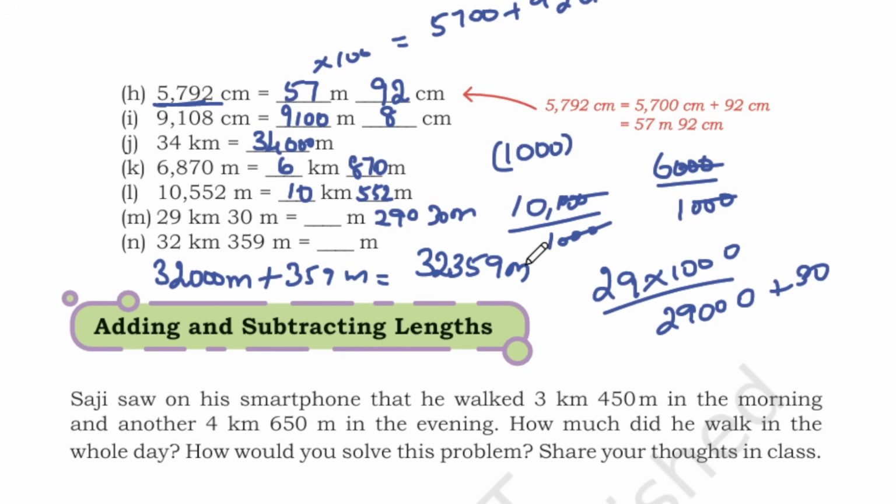Okay, very simple, students. Whenever they ask you to convert kilometers to meter, you have to multiply. And if they give meter and ask you to convert into kilometer, then you have to divide.